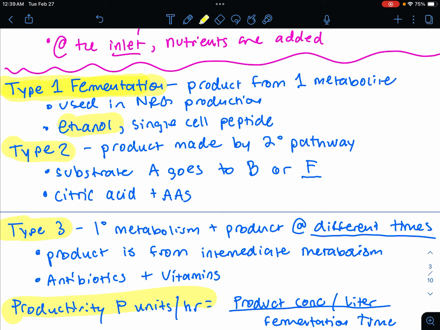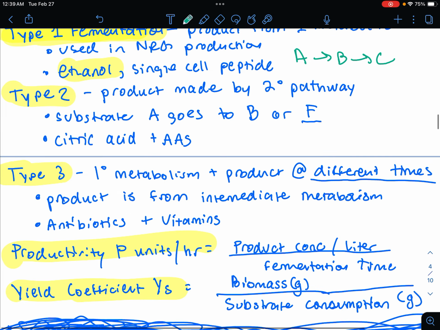This product is used in energy production since it's derived directly from primary metabolism. I'm going to write our little chart here, A to B to C, or A to product. That also works too.